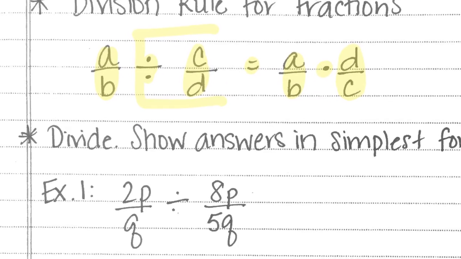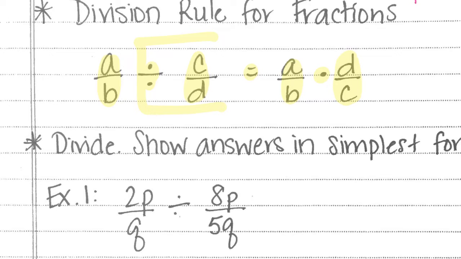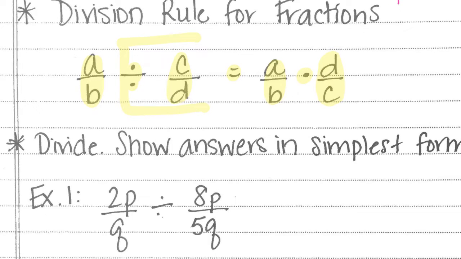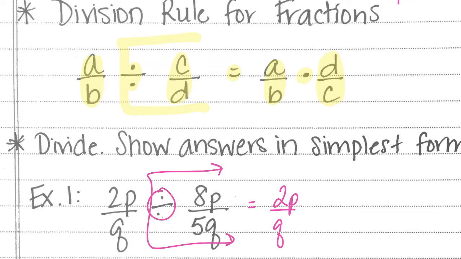Example 1 says divide and show answers in simplest form. Notice I have 2p over q divided by 8p over 5q. The first thing I'm going to do is rewrite this with the reciprocal. So notice from here on over, I am going to change to a multiplication, and I'm going to put 5q over 8p.